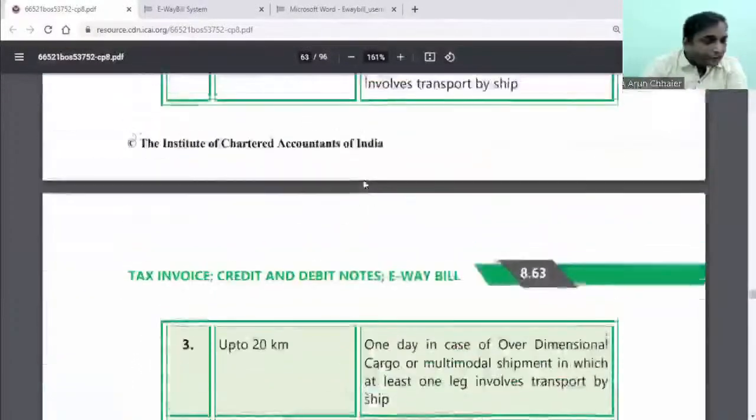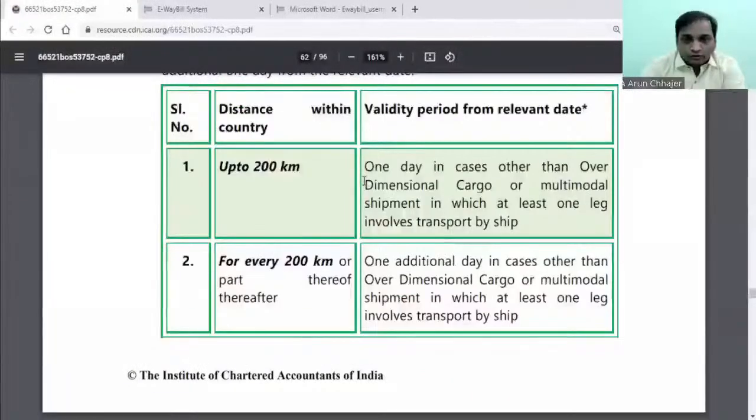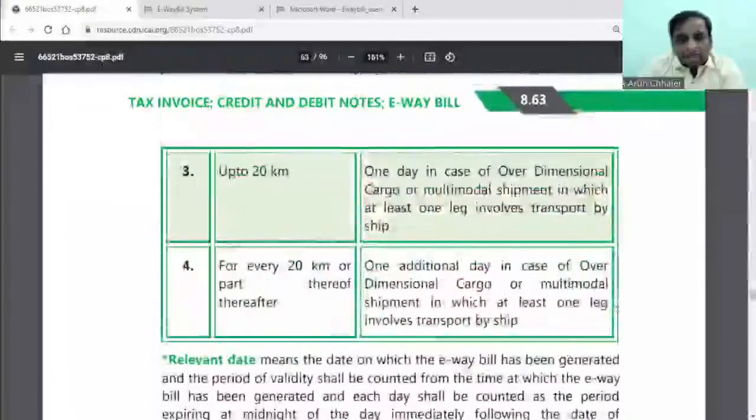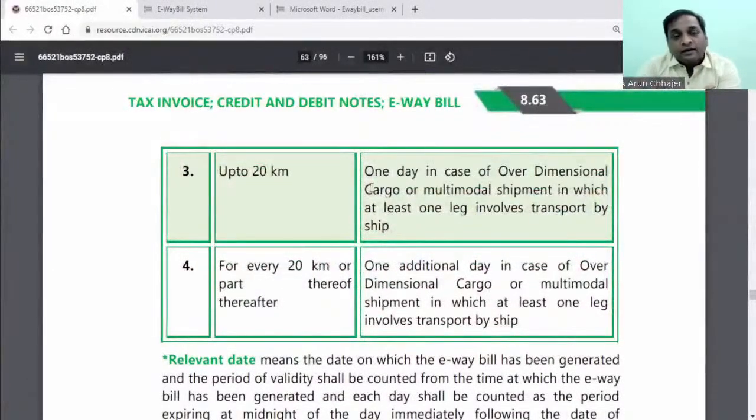So 200 kilometers, if it is normal cargo, normal movement. ODC cargo is when you are carrying particular goods which are comparatively larger in size or heavier in weight, and by putting them on a conveyance, your dimensional limit would exceed.